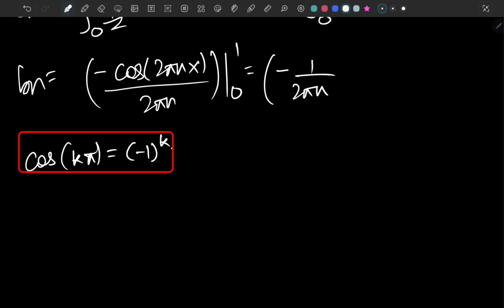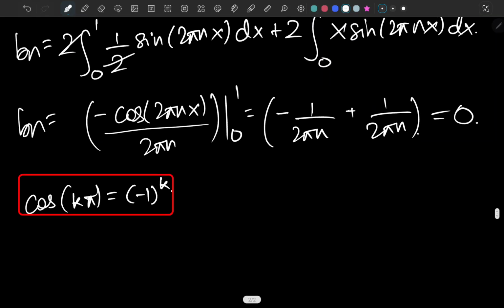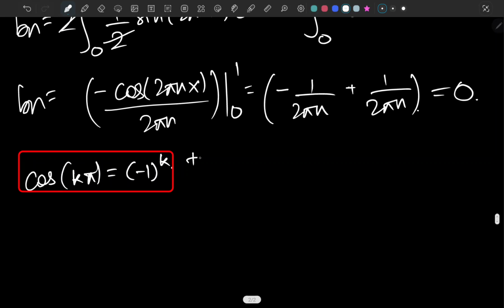And if we talk about 0, that's going to be minus of minus, so that's going to be plus, and cosine of 0 is 1, so it's 1 over 2 pi n, and that comes out to be 0, right?